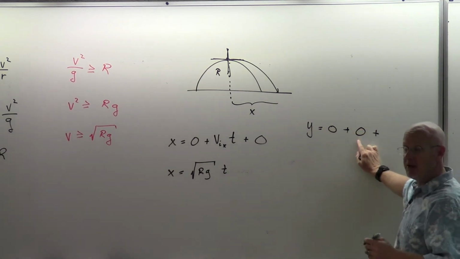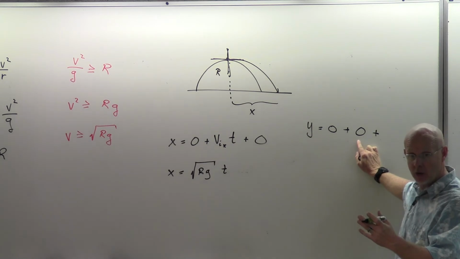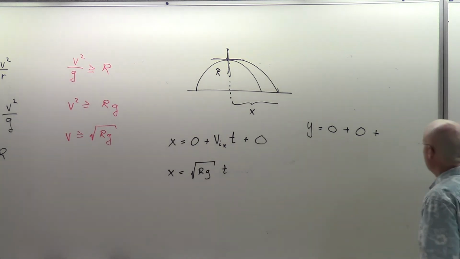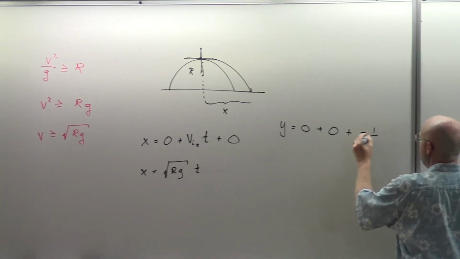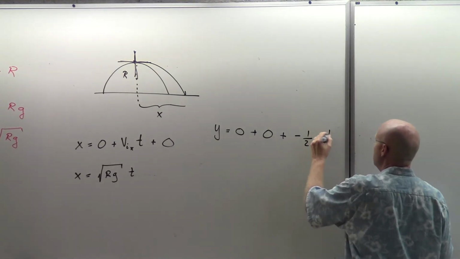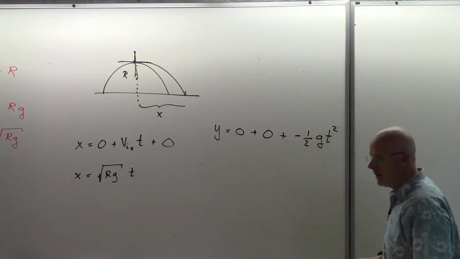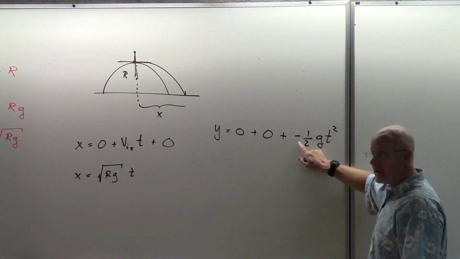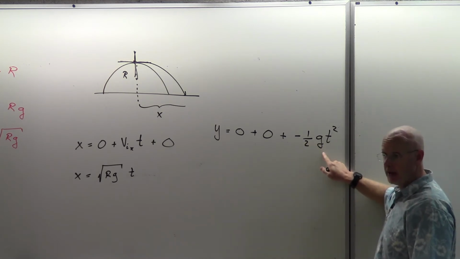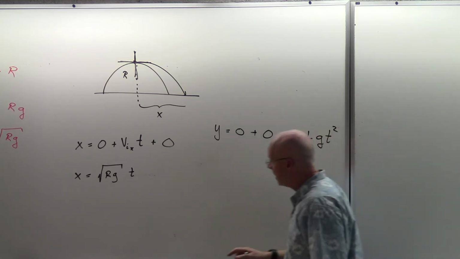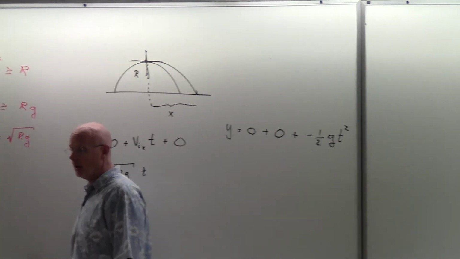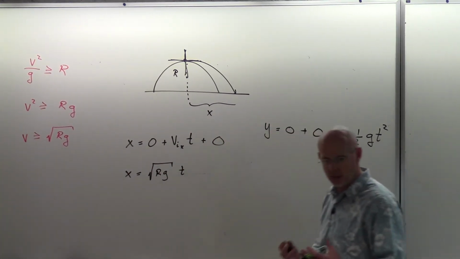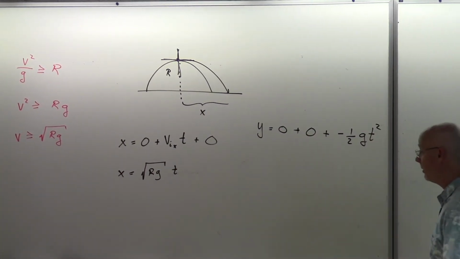That's the initial speed in the y direction. Remember, we kicked it horizontally. And then I would have a negative 1/2 gt squared, where the acceleration is a negative 9.8. I'm just going to use the symbol g since I've used it here, and there's no point in putting any numbers in here because we can't calculate a number.